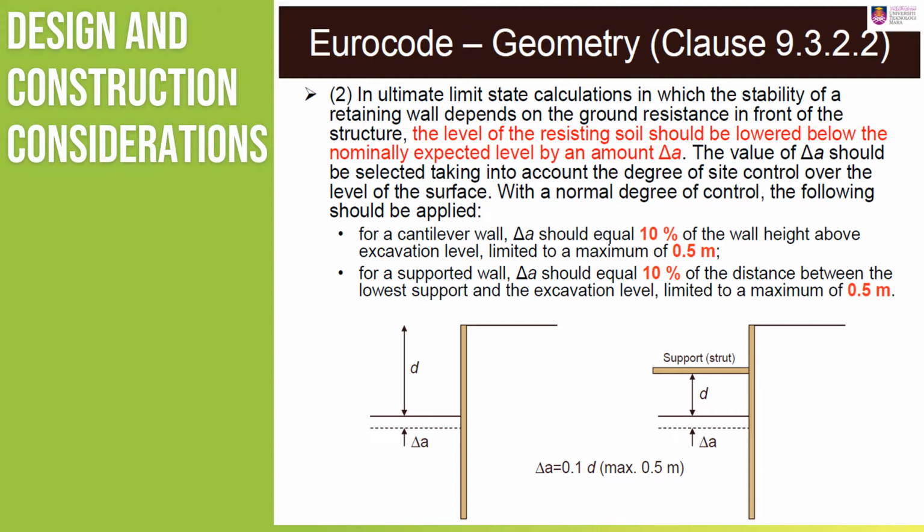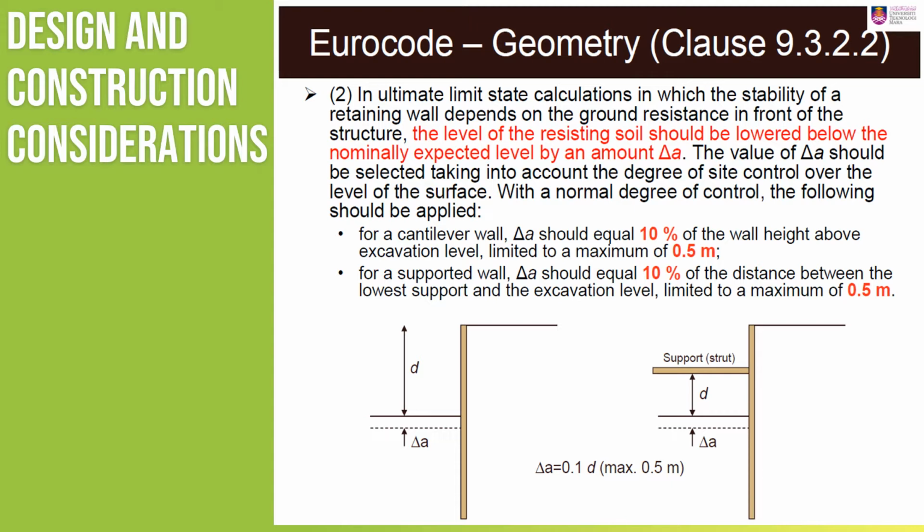First case, for a cantilever wall, delta A should equal 10% of the wall height above excavation level, limited to a maximum of 0.5 meter. So this is the condition for a cantilever wall, where delta A must be equal to 0.1 D, or we can say the maximum is 0.5 meter.